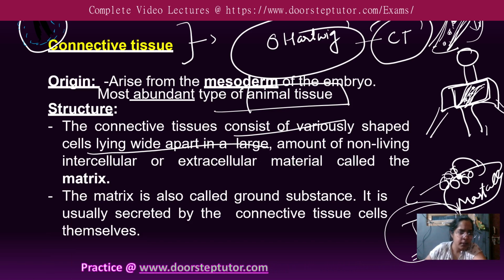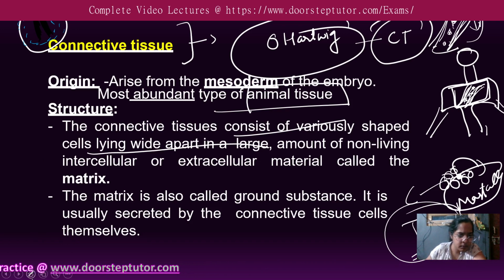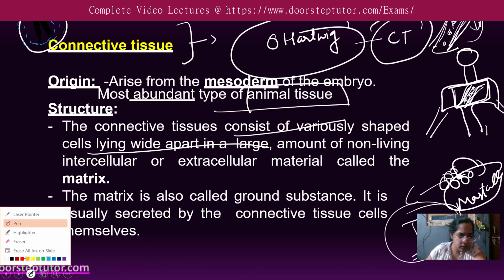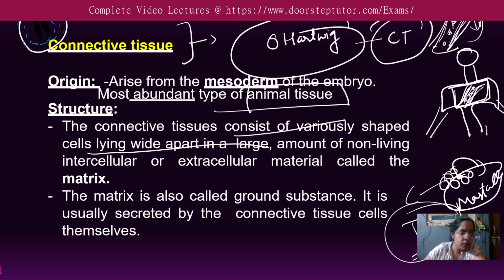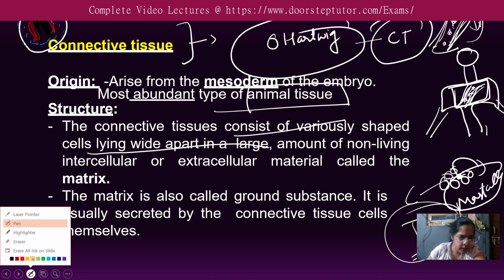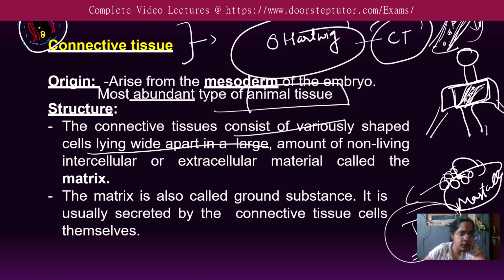Different types of fibers are there, okay, and different cells are present nearby this ground substance.